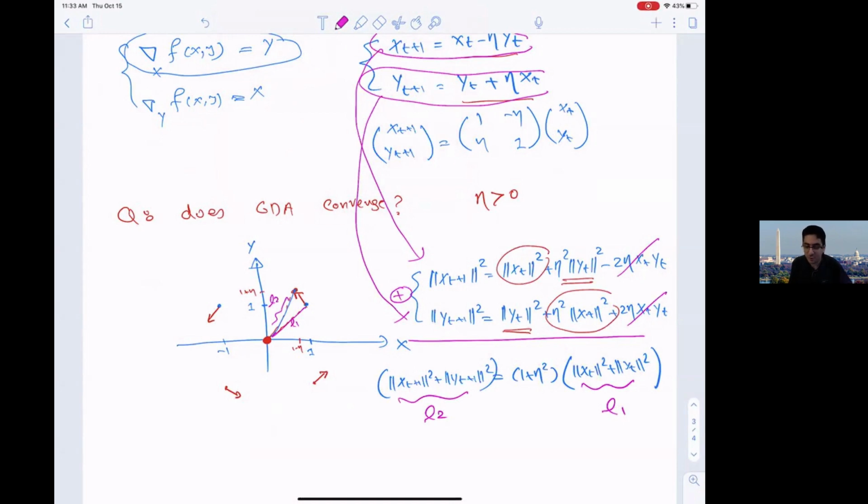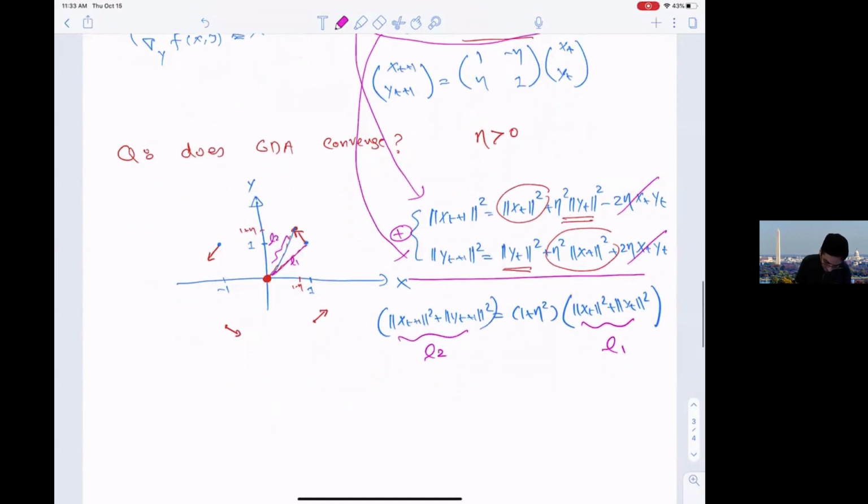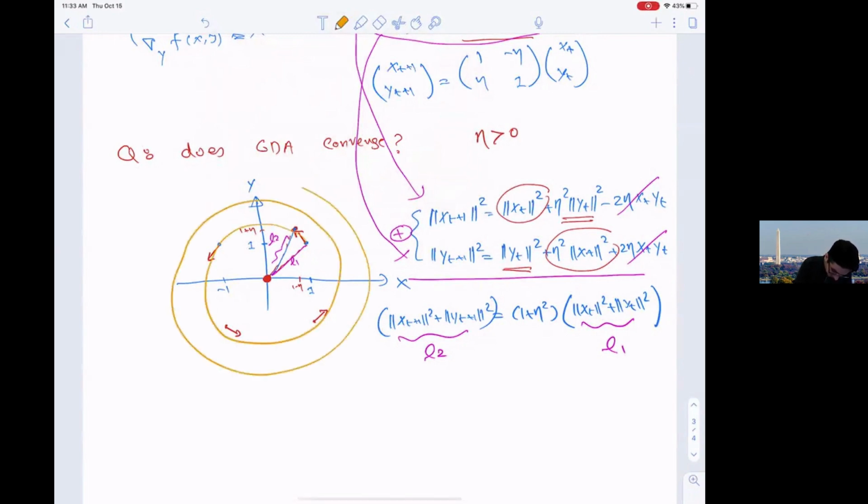So from this equation, am I getting closer to the origin or am I drifting away? I'm getting further and further away from the origin. So in fact, if you draw the dynamics, you can easily do it in Python or whatever. You'll get a trajectory like this. And let's say you start from here, you're getting away and away. All right, here you see eta is actually important, right? In terms of the rate of the divergence here.